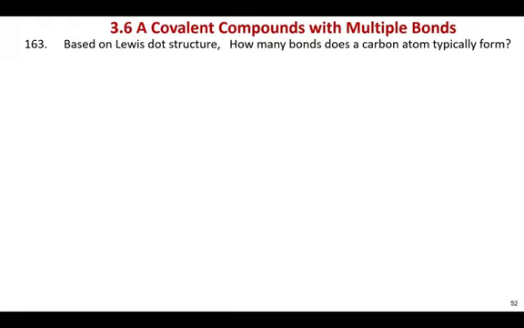How many bonds does carbon typically form? Carbon typically forms 4 bonds. How do you get that from the Lewis structure? Carbon has this grid structure. When you're making bonds, when 4 electrons are shared, they become single electrons.